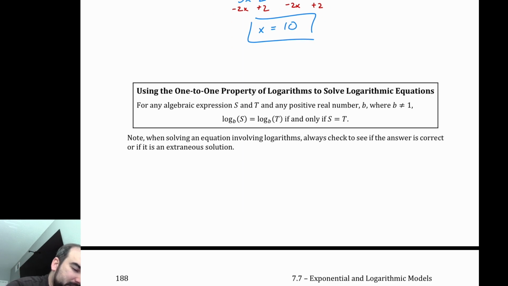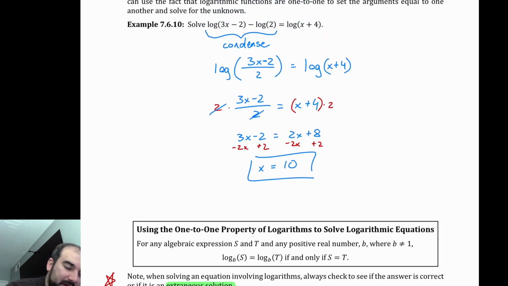There's a note down here that is pretty important, so I'm going to put a star next to it. When solving an equation involving logarithms, always check to see if the answer is correct or if it's an extraneous solution. Extraneous solutions are going to be a big deal when it comes to logarithmic equations. So I'm going to erase this box around this answer because we want to check it first.